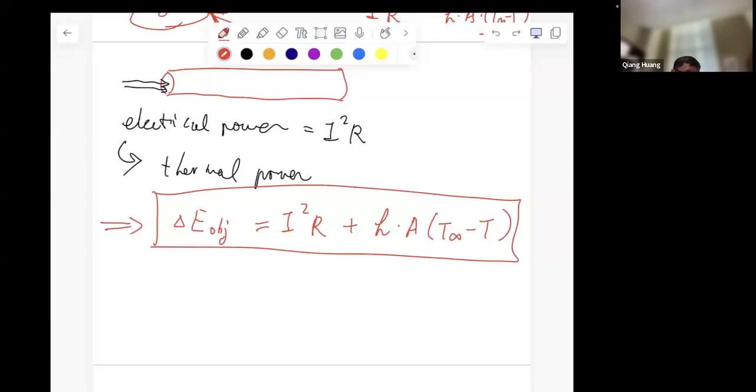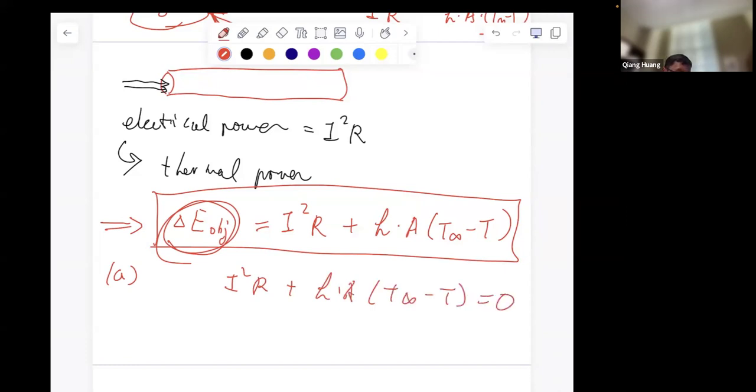But if you write down this equation correctly, then for the first problem, it says steady state. The steady state means this term equals 0. So therefore, as you can see now, this is exactly what you have been doing.